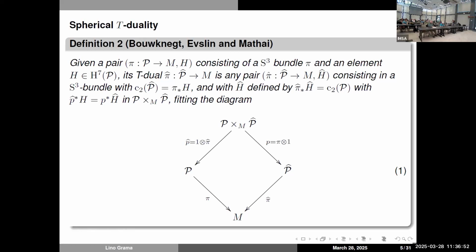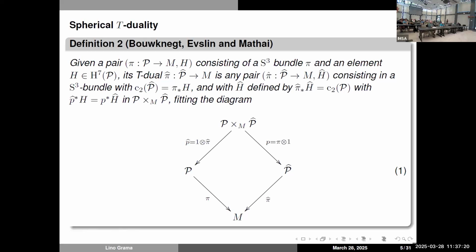In some sense, we emulate the definition of the T-duality, because the T-dual pair will be this bundle P hat to N, such that we interchange the second Chern class of the two bundles.